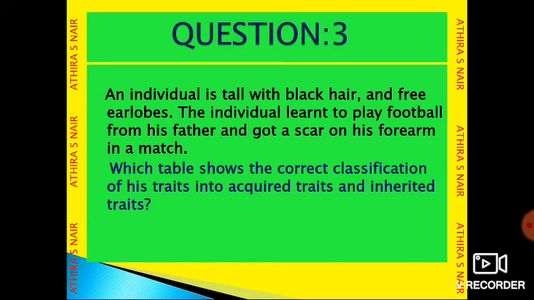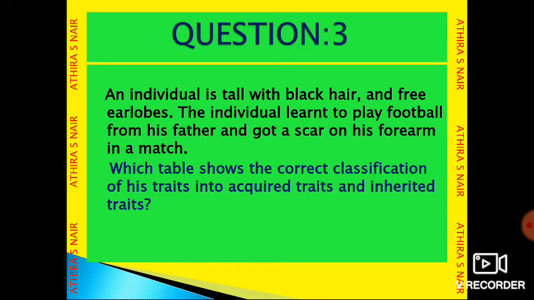Question number 3. An individual is tall with black hair and free earlobes. The individual learned to play football from his father and got a scar on his forearm in a match. Which table shows the correct classification of his traits into acquired traits and inherited traits?